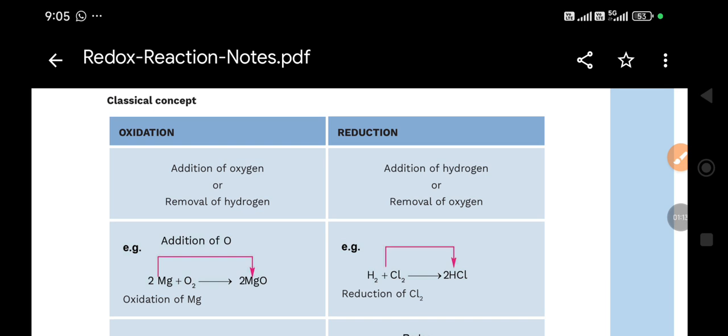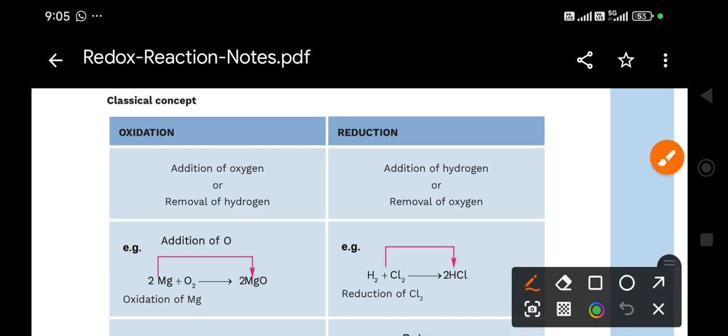According to the classical concept, oxidation is addition of oxygen and reduction is removal of oxygen. In terms of hydrogen, addition of hydrogen is reduction and removal of hydrogen is oxidation.